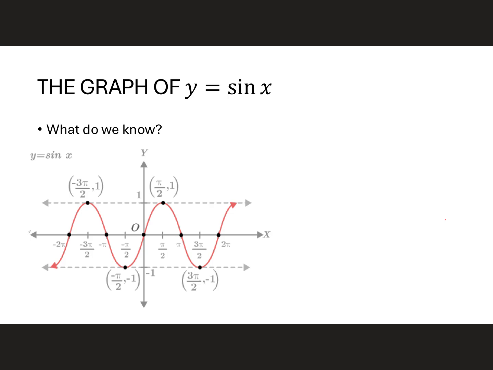Oh, so the maximum values of 1 look like they occur at odd multiples of pi over 2. All right, if we look on the graph, we can see that every odd multiple of pi over 2 has a maximum or a minimum. So the max values are y equals 1, and the min values are y equals -1. So good. That's true about this all the way through.